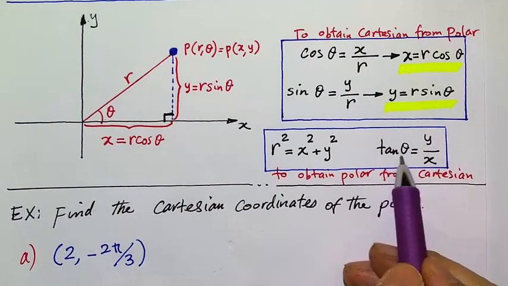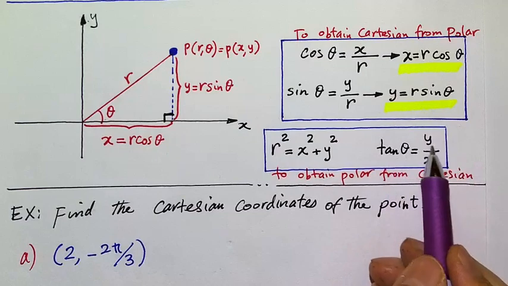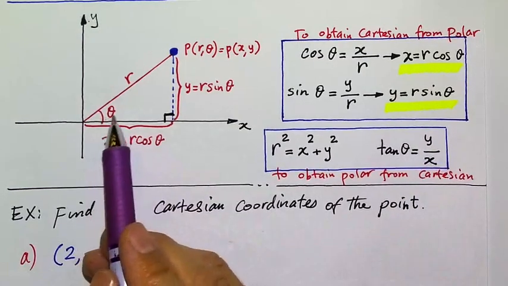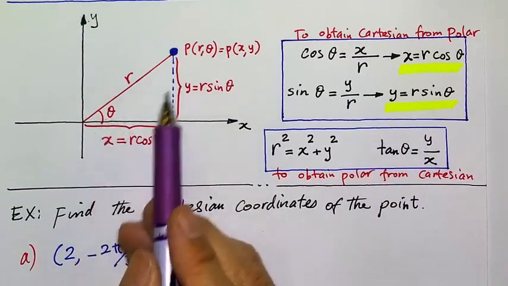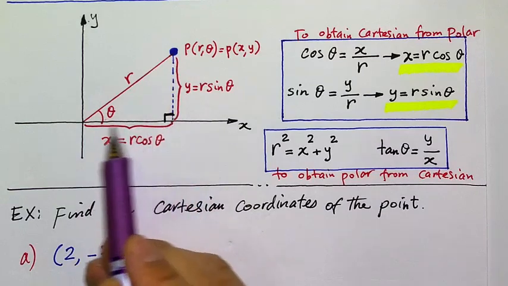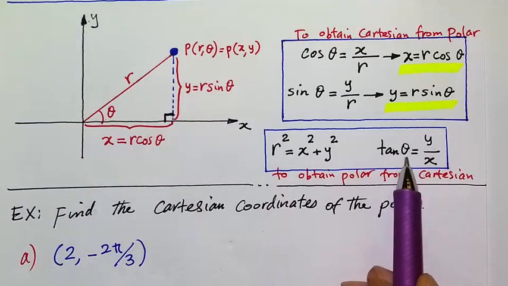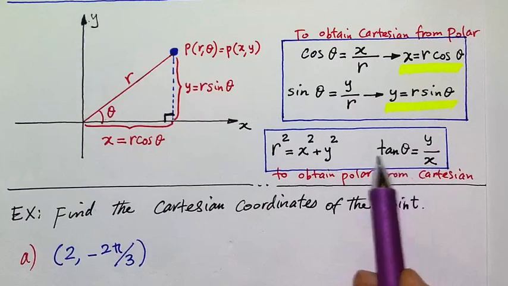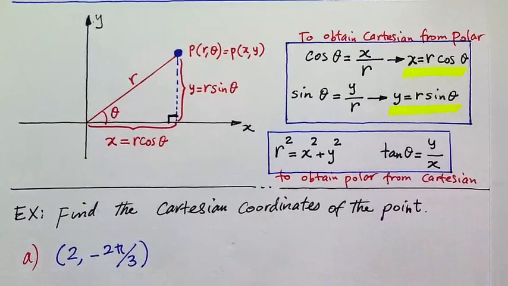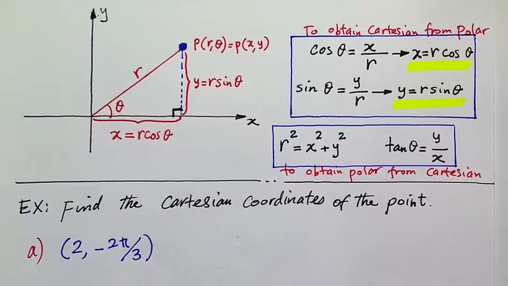Looking at the figure, you can see that tangent of theta equals the opposite divided by the adjacent, y over x. And then for theta, we would calculate the inverse tangent of that quantity. Okay.